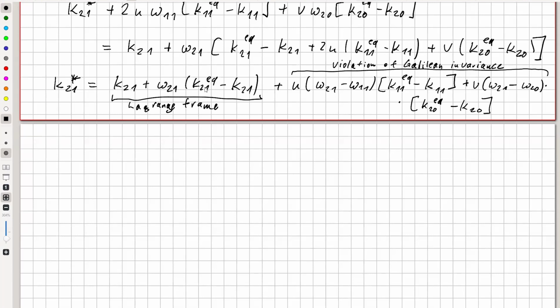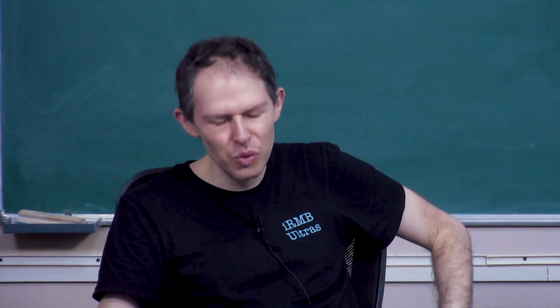The thing that violates Galilean invariance is that, if k11 is out of equilibrium, then this generates or destroys some moment k20 at k21 if and only if there is a velocity.